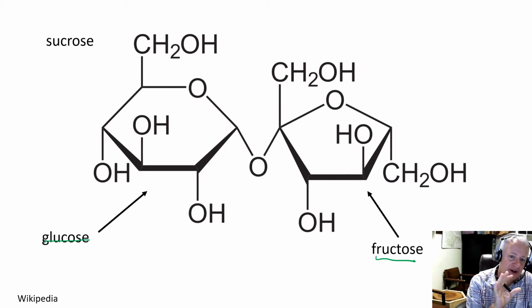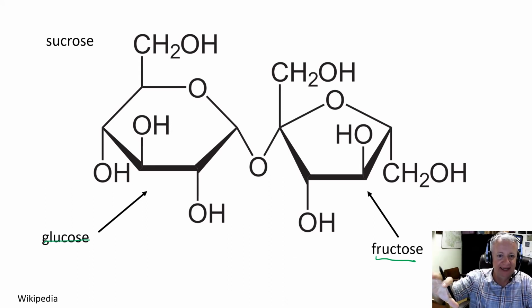So if glucose or fructose, simple sugars, were transported, those easily react biochemically, and the formation of sucrose essentially makes a more stable and less reactive sugar form that can be transported to a final destination where it is broken up again, and then glucose or fructose can be metabolized at the sink.